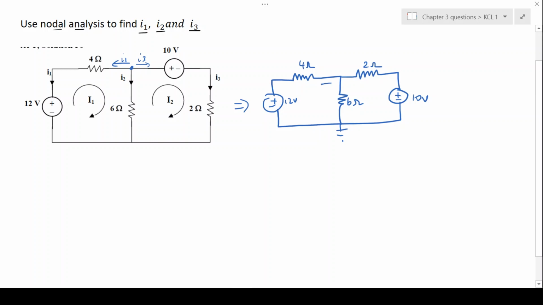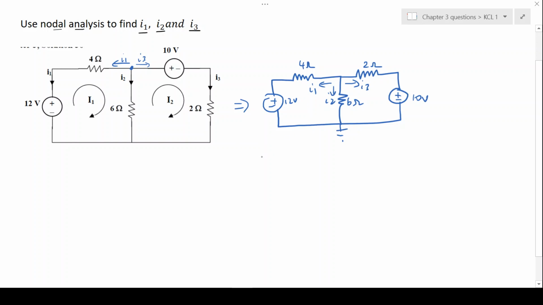So the currents are still in the original direction: I2, I1 and I3, but we've switched the 10 volt source and the 2 ohm resistor. You're able to do this because it's a series circuit. It doesn't change the current that's flowing in this circuit.